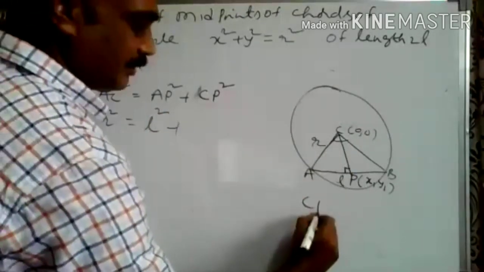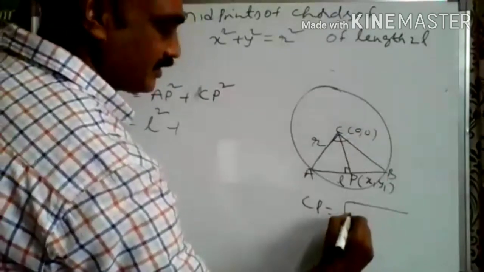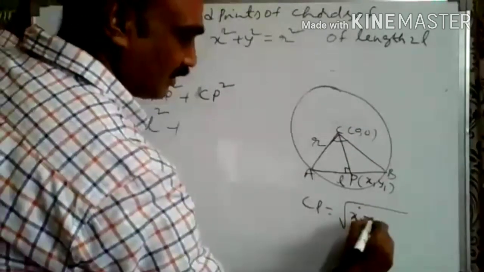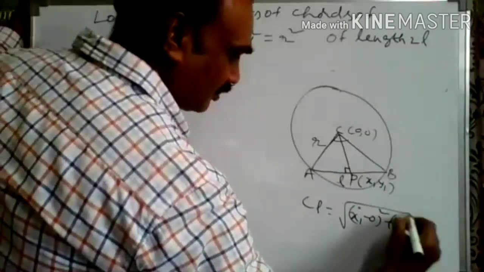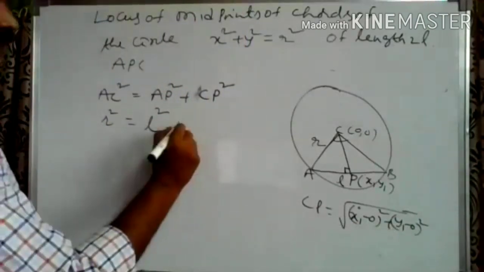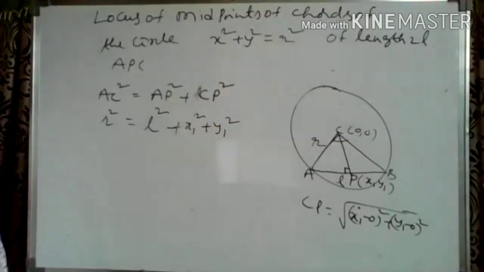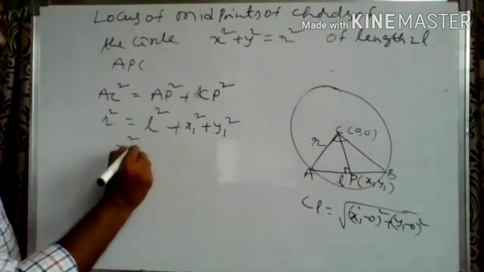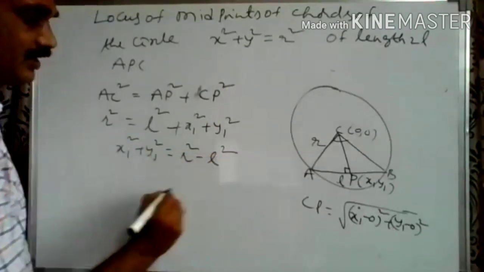CP is equal to root of x1 minus 0 whole square plus y1 minus 0 whole square, so CP square is x1 square plus y1 square, the square root getting cancelled. So x1 square plus y1 square is equal to R square minus L square.